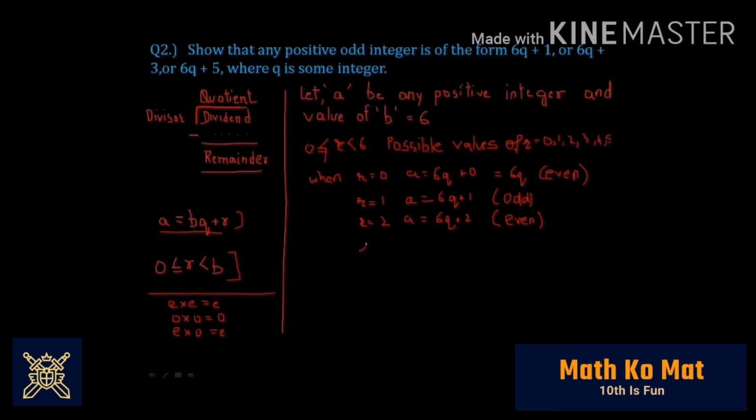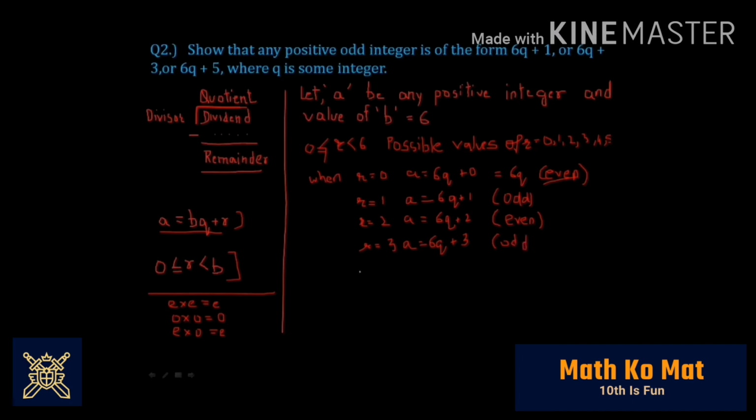When we check for r is equal to 3, a would be 6q plus 3. Since 6q was even, as we have shown here, the sum of an even and an odd number will always be odd. So this particular one would be odd.